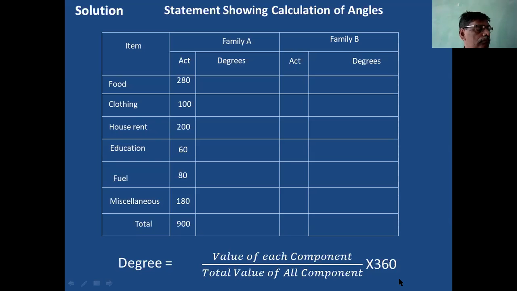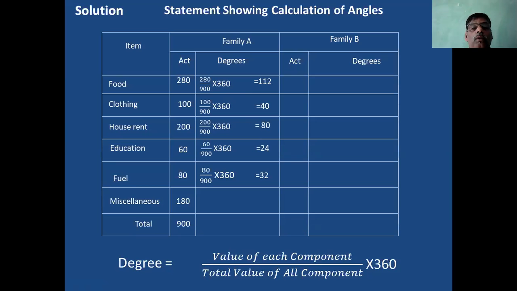You see here, I'll calculate 280 divided by 900 into 360. Like this, you fill each value and ascertain the degree. 112, 40, 80, 24, 12, 32, 72, total 360.